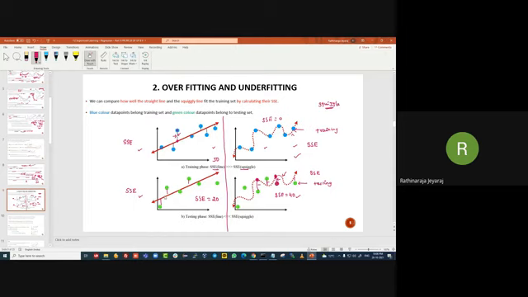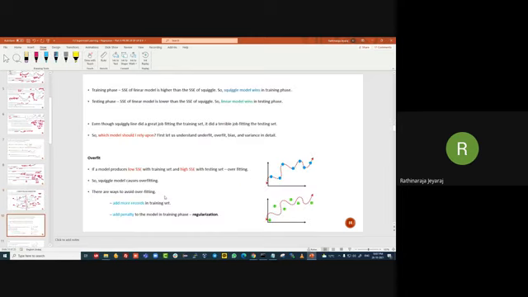So that's a basic understanding of sum of squared error in training and testing for two different models, linear and squiggle. All right, I hope you don't get confused with this. With this, we will advance to overfitting and underfitting. Now, what is overfitting?